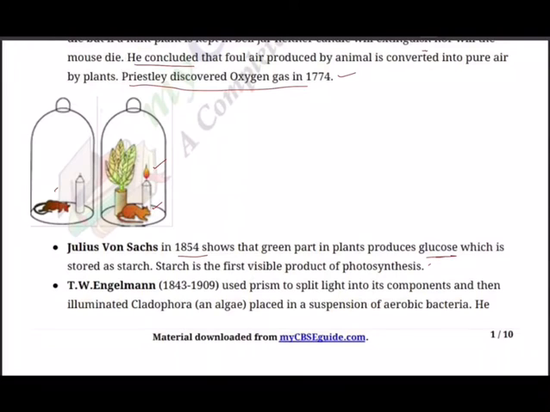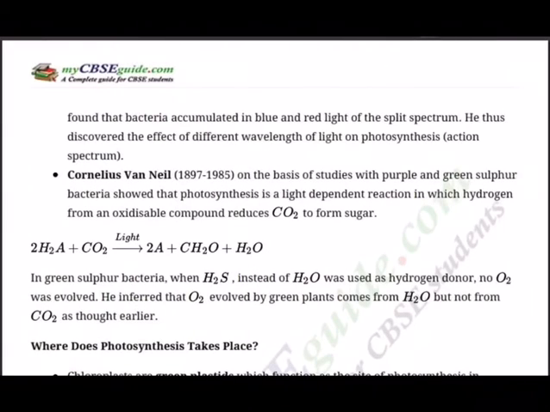And Engelmann, somewhere 1843 to 1909, used prism to split light into its components, of course with GR, and then illuminated Cladophora, this algae, placed in the suspension of aerobic bacteria. And he found that bacteria accumulated in blue and red light of the split spectrum.